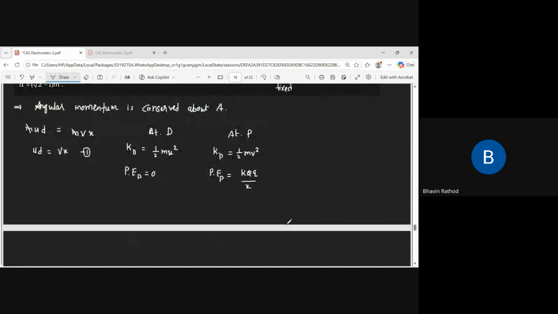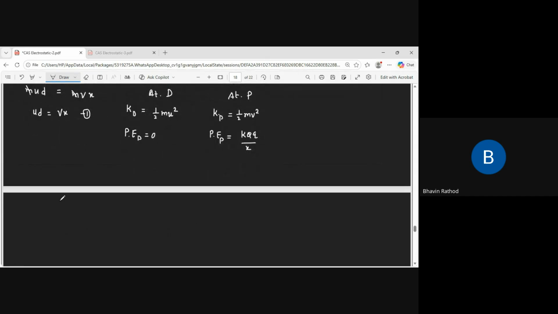All right, so let's put things together. We have half mu squared is equal to half mv squared plus kQq by x. Now we want to find x, so we can eliminate v using equation 1.